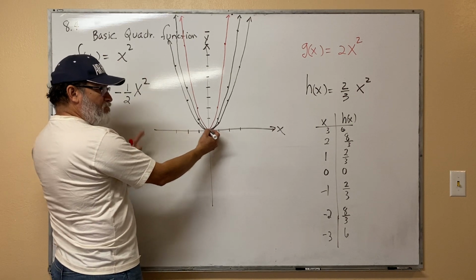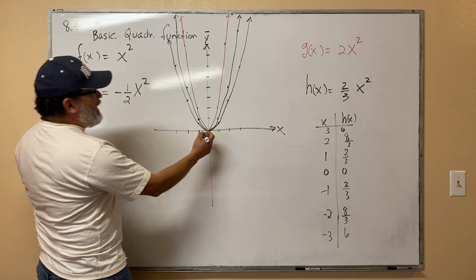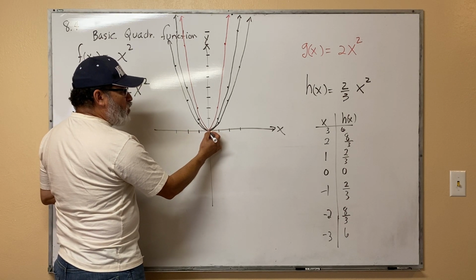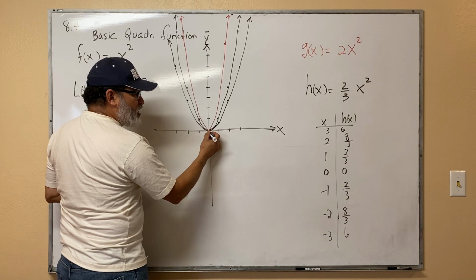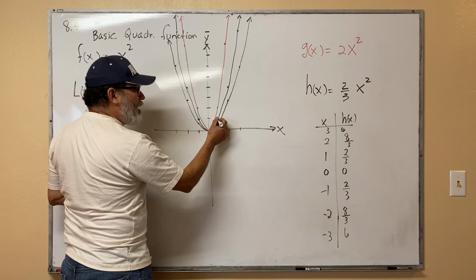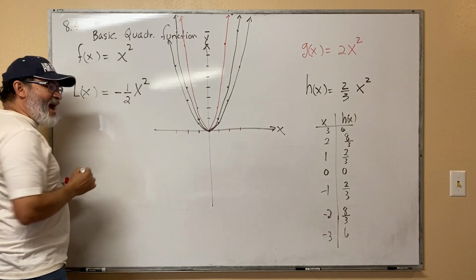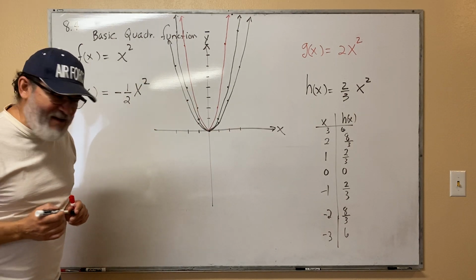In the basic parabola, if x is 1, it is from the vertex 1 to the right, 1 up, right there. Now you take that 1 and multiply by -1/2. What's 1 times -1/2? -1/2.